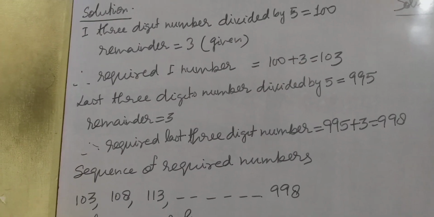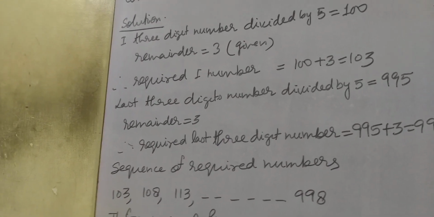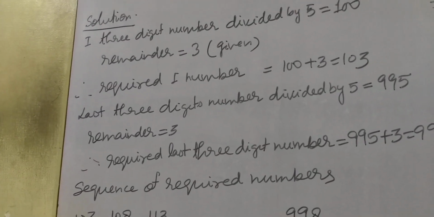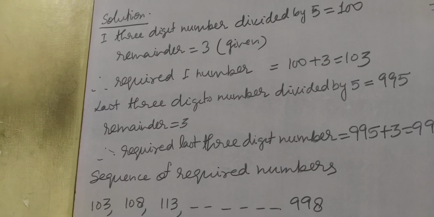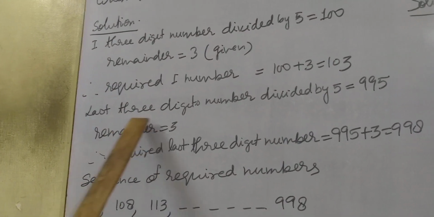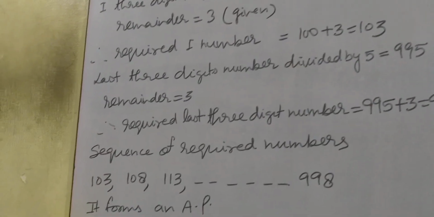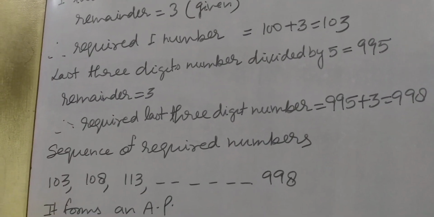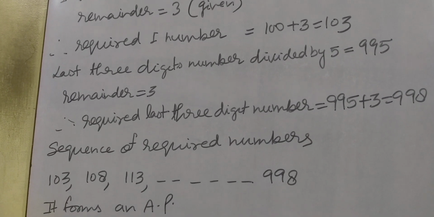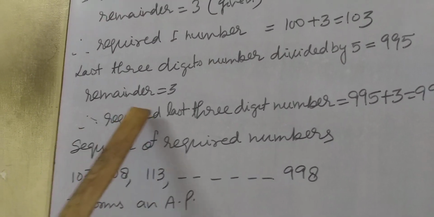Now student, we have to find the last three-digit number which leaves remainder 3 when divided by 5. We know that the last three-digit number is 995. Correct? Okay. And the remainder is 3, student.